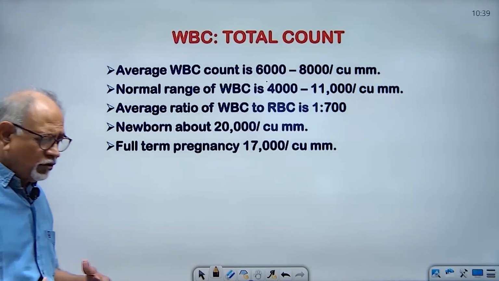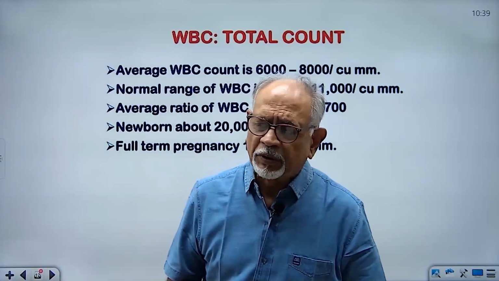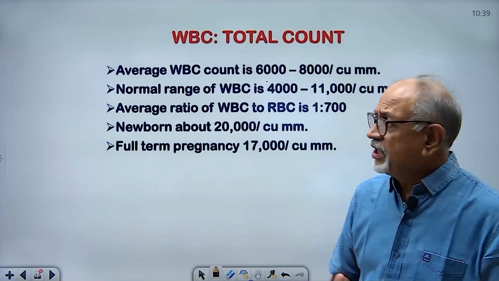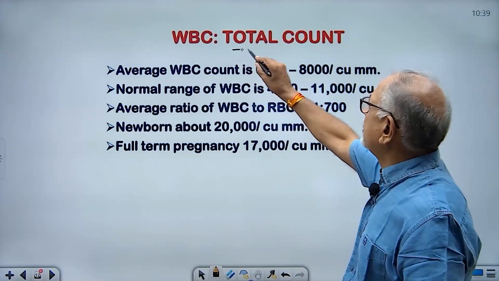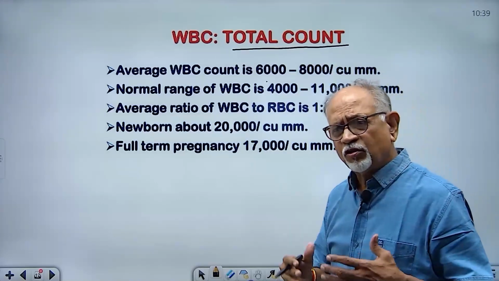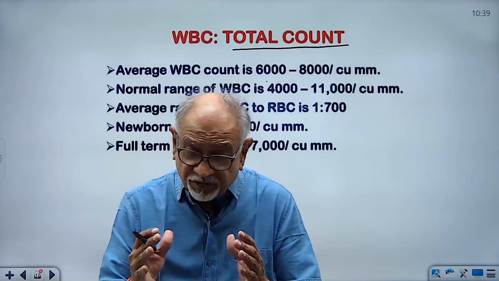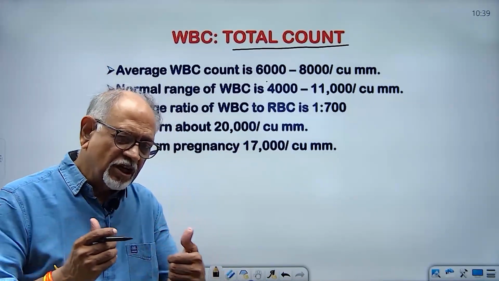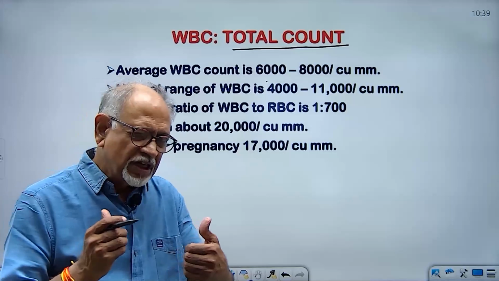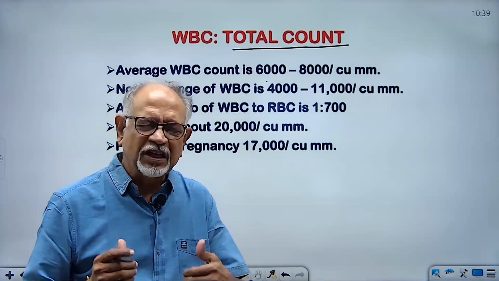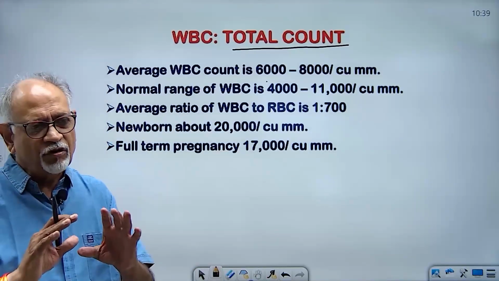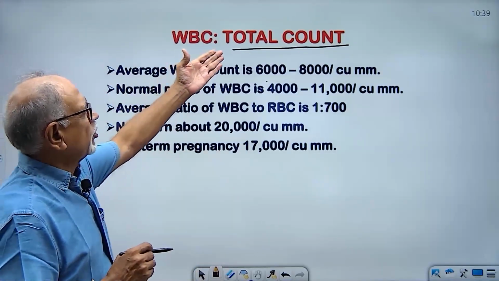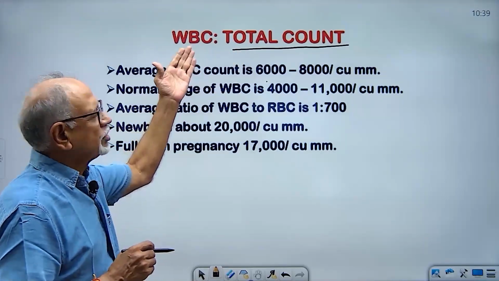Now, coming to a very important parameter of blood investigation, the total WBC count, because it gives an idea about the condition of the body, about any kind of infection or ailment in the body. So an elementary idea can be reached by counting total WBCs.